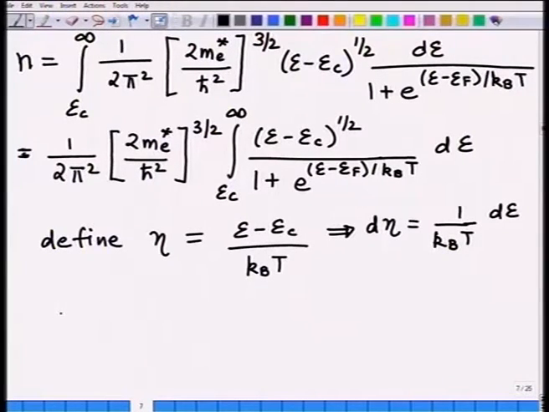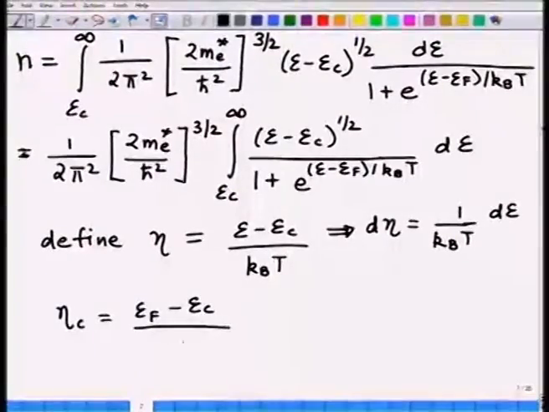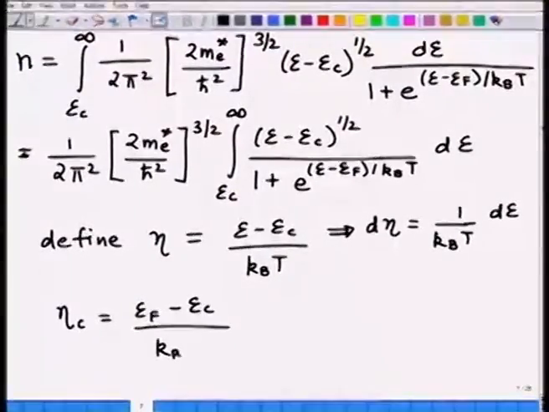Then we are going to define a quantity eta_c, which is equal to (E_f minus E_c) by k_BT.